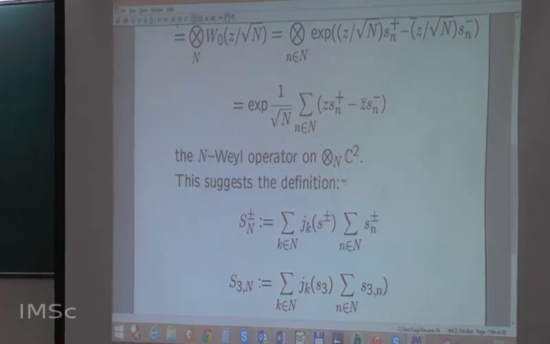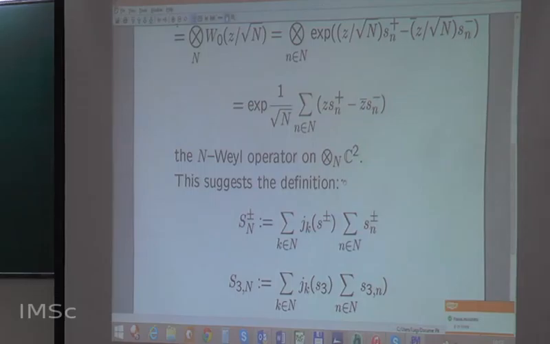Why? Because when we did the central limit theorem, we proved the moment central limit theorem. But remember, z S minus z bar S minus is skew adjoint. So this exponential is the exponential of a skew adjoint operator. So it is a characteristic function in the probabilistic language. So now, for Weyl operators, we can have a better, from the analytical point of view, central limit theorem, because we deal with the characteristic function, not with moments.